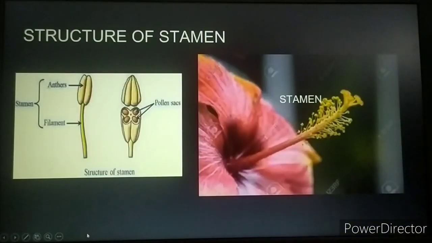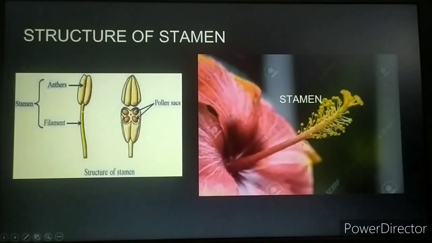So we can say that each stamen has two parts, that is a thin, long, thread-like stalk, which is called the filament, and a bilobed structure, that is, having two lobes, a sac-like structure, which is called the anther.